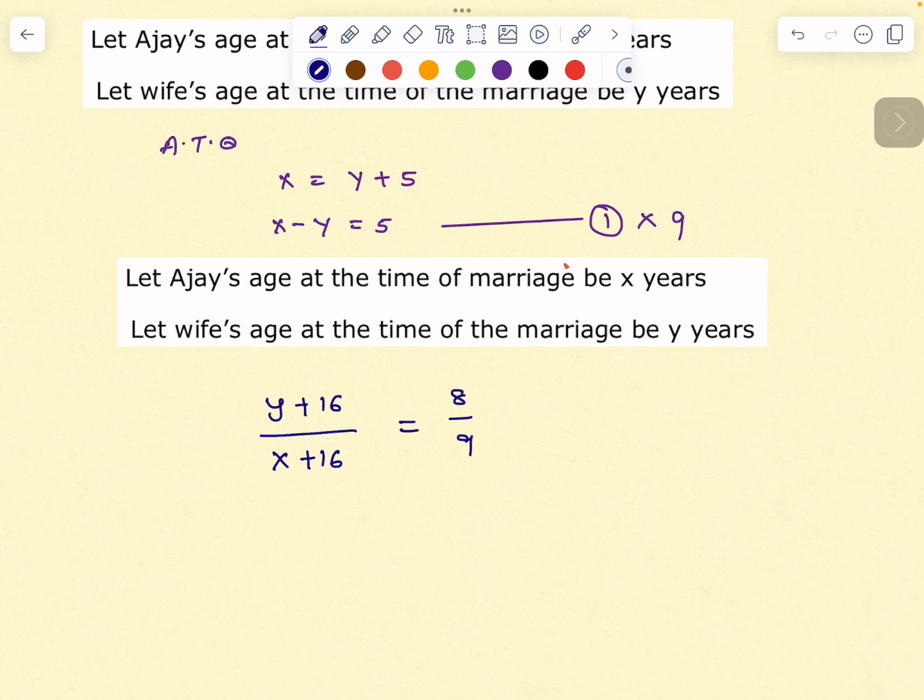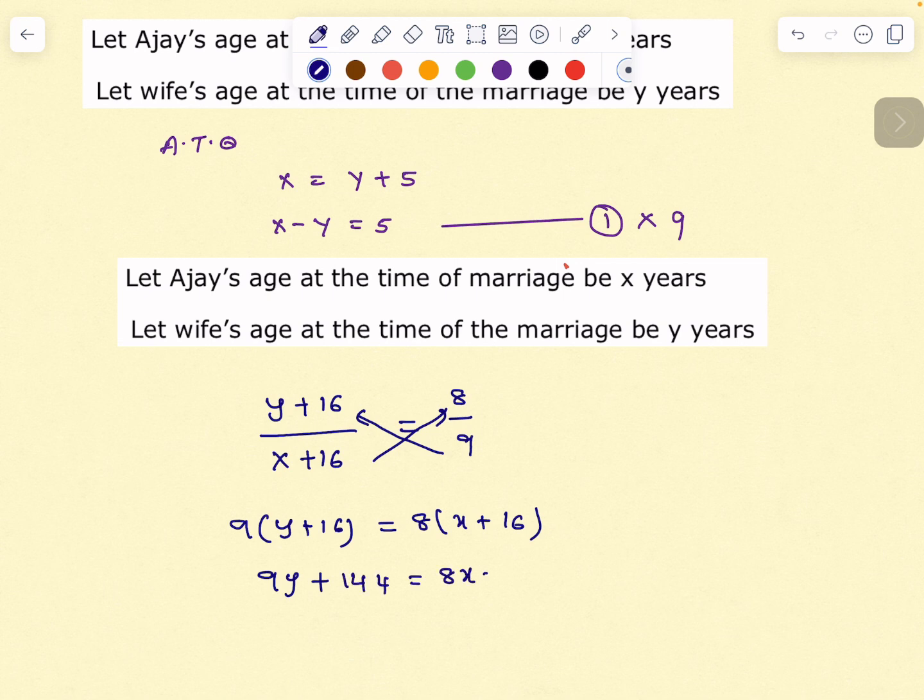Okay, do the cross multiplication. So 9 you multiply with y plus 16, and 8 you multiply with x plus 16. We can write this as 9y plus 144, what is 9 into 16? Yes, that is 144.